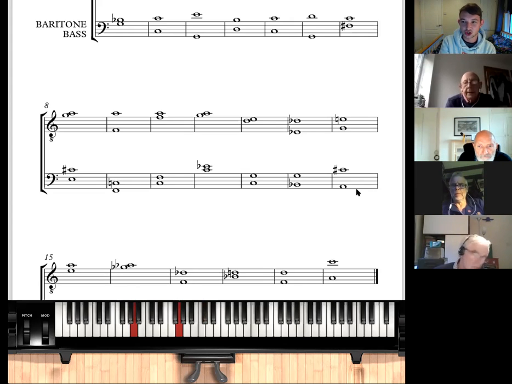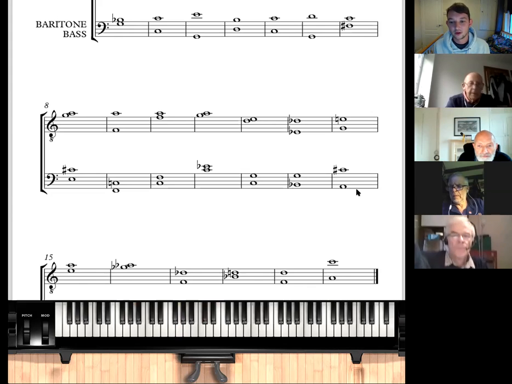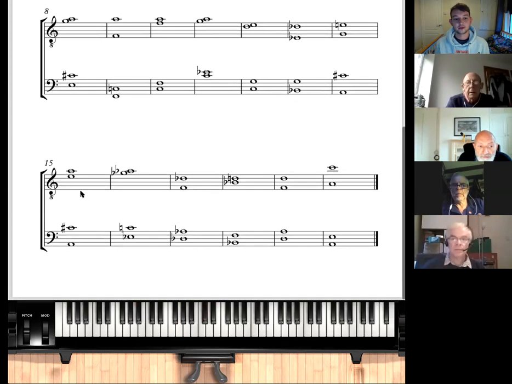It'd be a hard chord to tune, that one. Also a tritone between the baritone and the lead. Sorry, I meant to say the minor 7th is between the bass and the lead, and then you've got the baritone up here. Very hard chord to tune. This one.